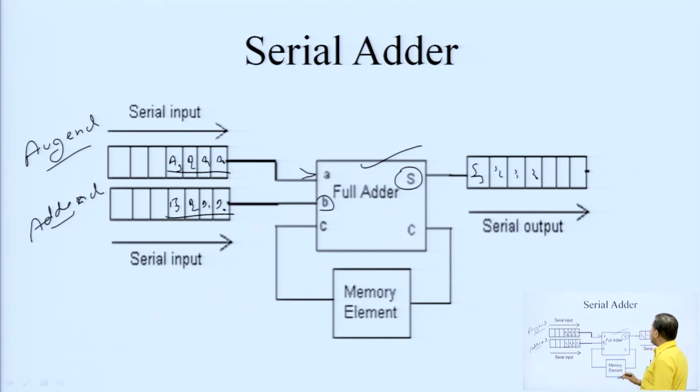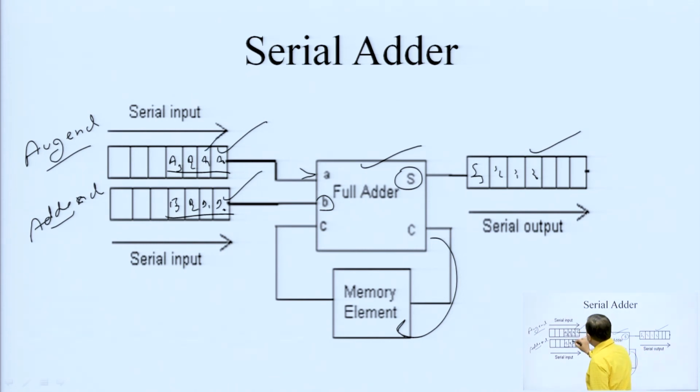For each addition, first A0 and B0 will enter. The sum will be S0, and the carry C0 will be stored in a memory. And this C0 will be used when the next set of bits, A1 and B1, is added.